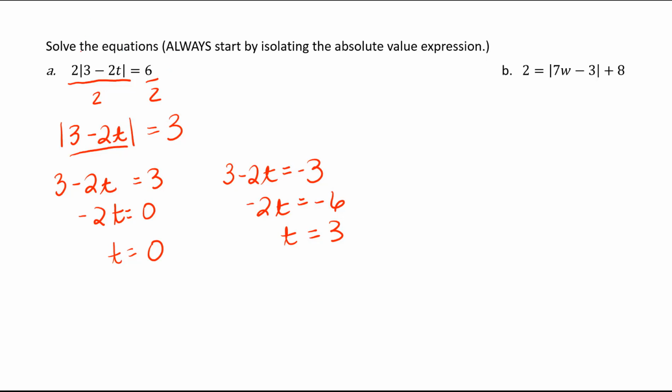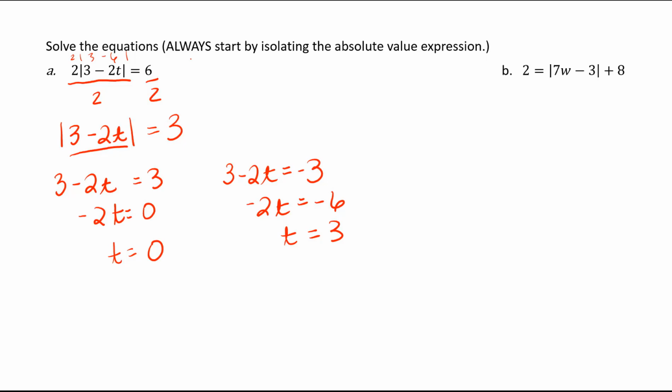So if you put 0 in the original equation here, you'd have 2 times the absolute value of 3 minus 0, which would be 2 times the absolute value of 3, which is definitely 6. And then if you put in t equals 3, you've got 2 times the absolute value of 3 minus 6, and that is 2 times the absolute value of negative 3. 2 times the absolute value of negative 3 is 2 times 3, which is also 6, so it works.